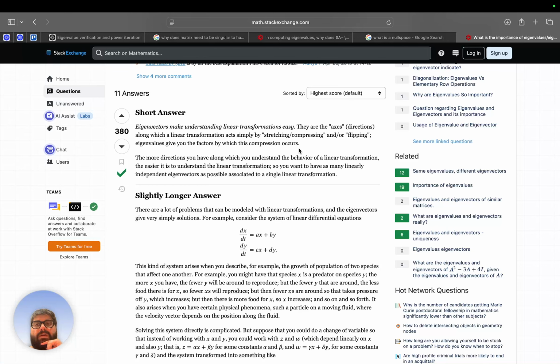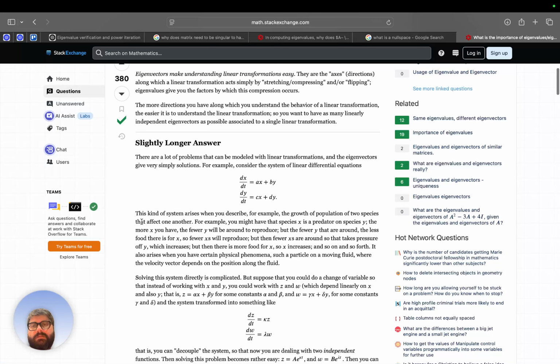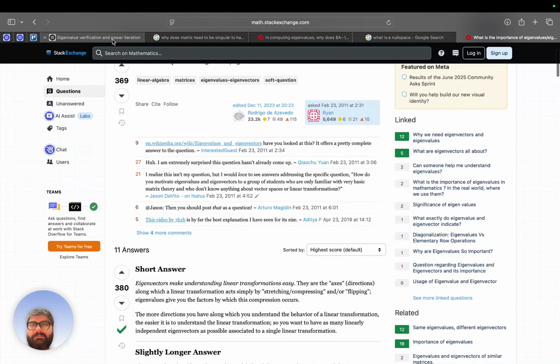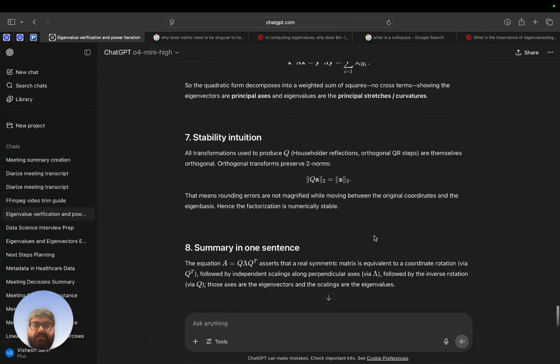So you want to have as many linearly independent eigenvectors as possible associated to a single linear transformation. Okay, I'm going to read this some other time, but yeah, I need to get into that.